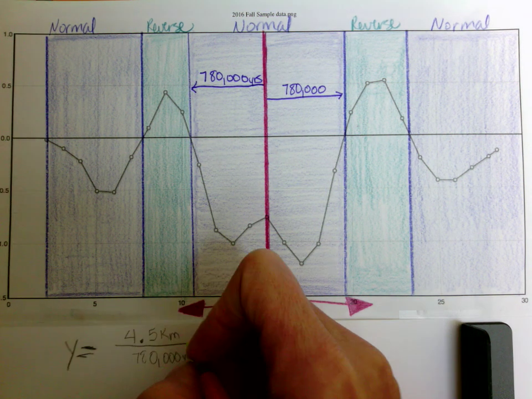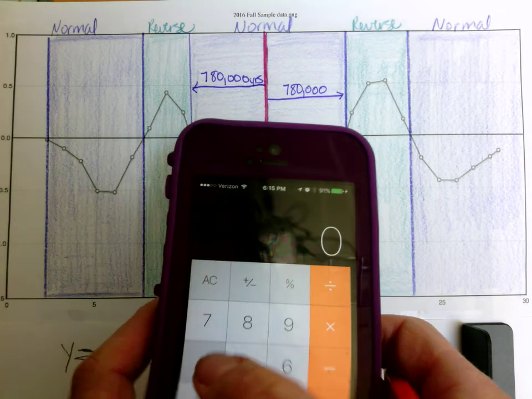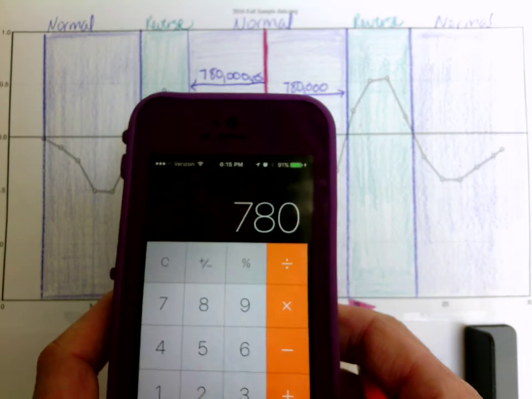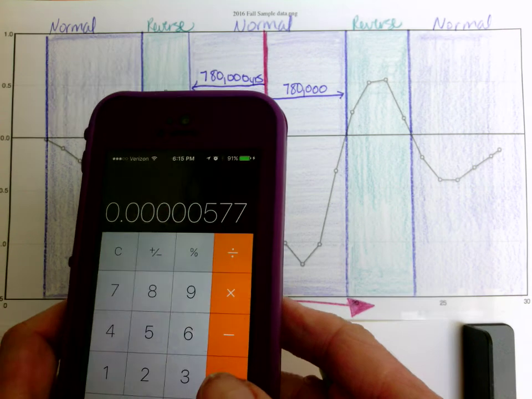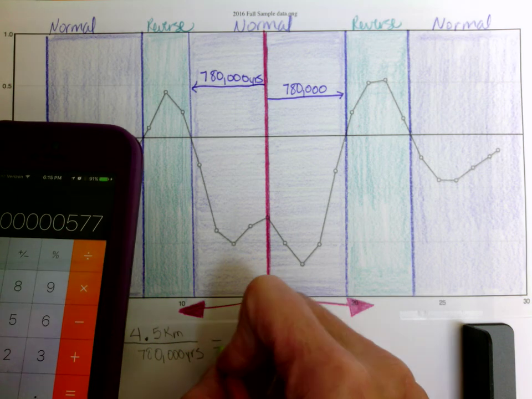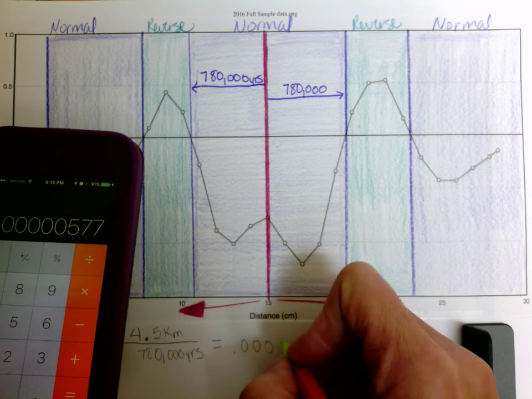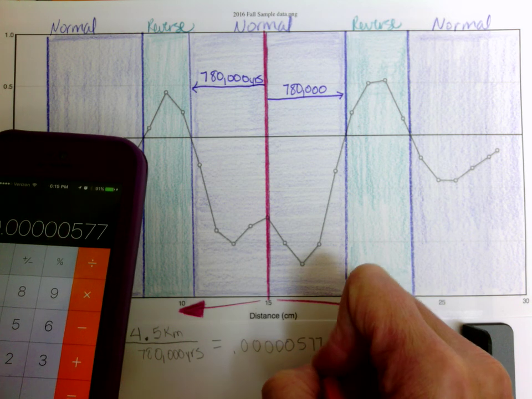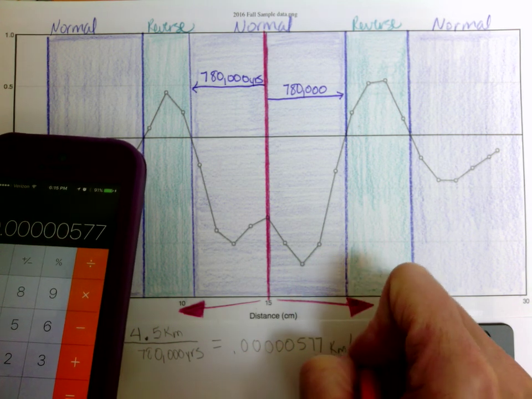Now, when I plug that into my calculator so that I can solve for y, I take 4.5 divided by 780,000, which equals that really tiny number. There are 5 zeros and a 577, and that's in kilometers per year. But that to me is too small of a number.